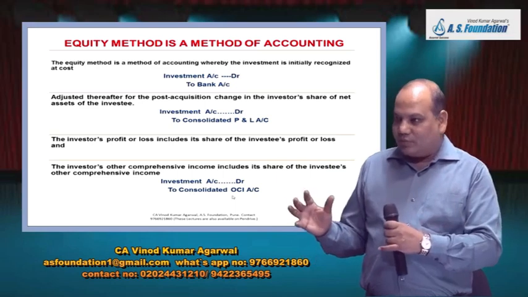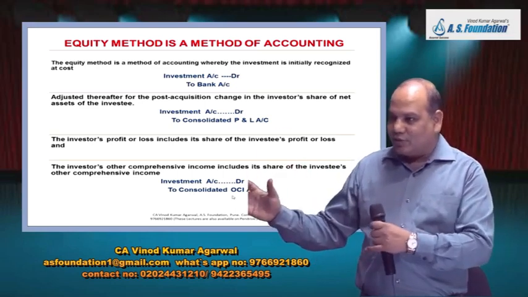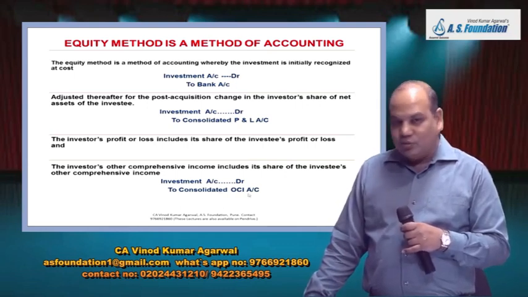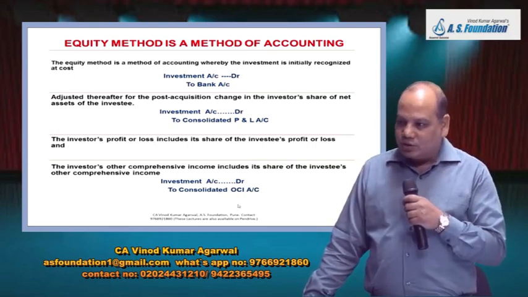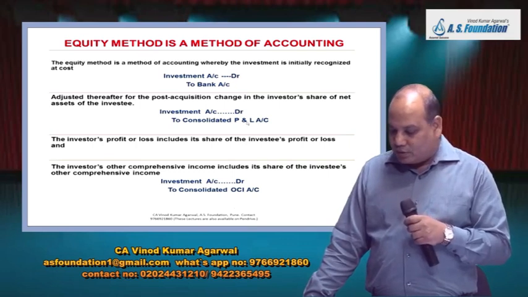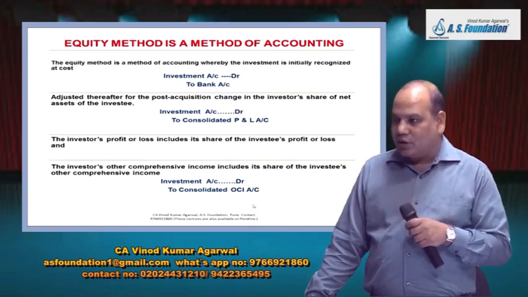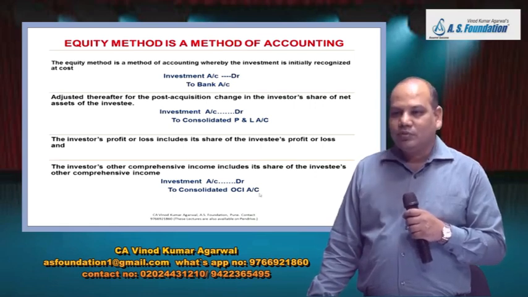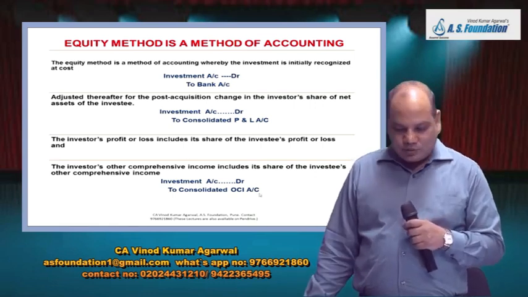So those items, if they have passed entry in their OCI, I will also pass an entry, investment account debit to consolidated OCI account. So whatever reserve they create, we will also give a corresponding effect in our books, and this will continue. That's it, done. Chapter is over. Go home.